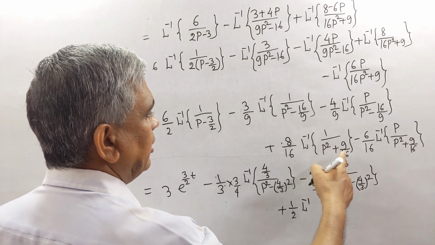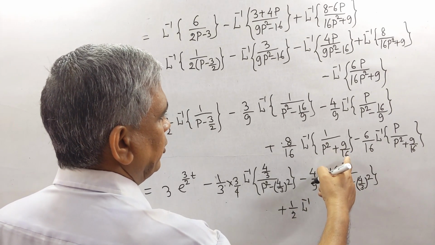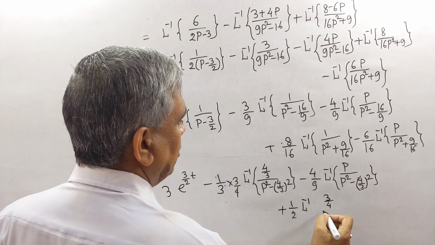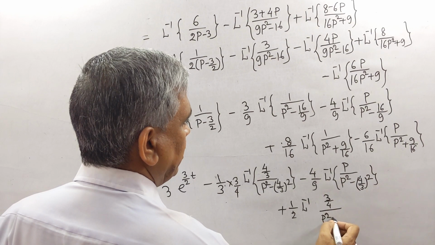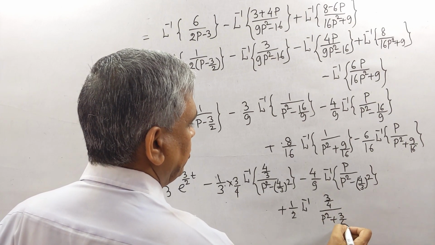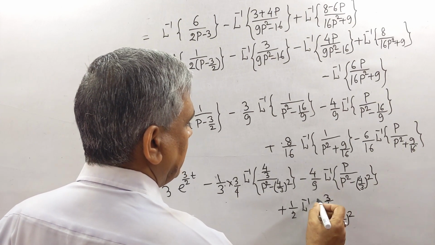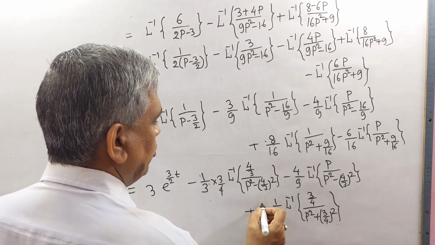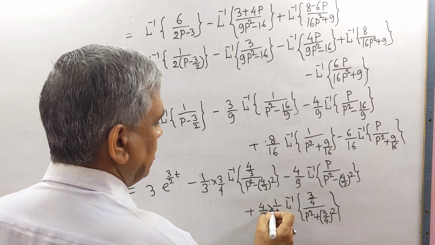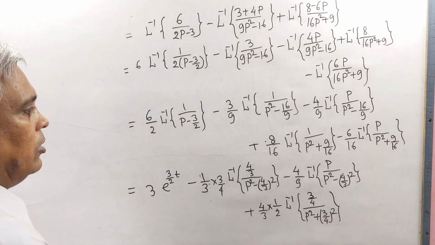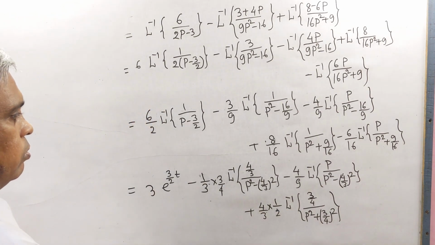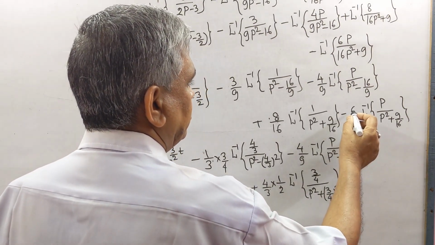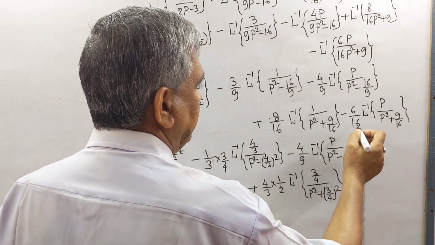We need here 3 by 4, so we write 3 by 4 by p square plus 3 by 4 whole square. Then take outside 4 by 3, minus 3 times 2 are 6 and 8.